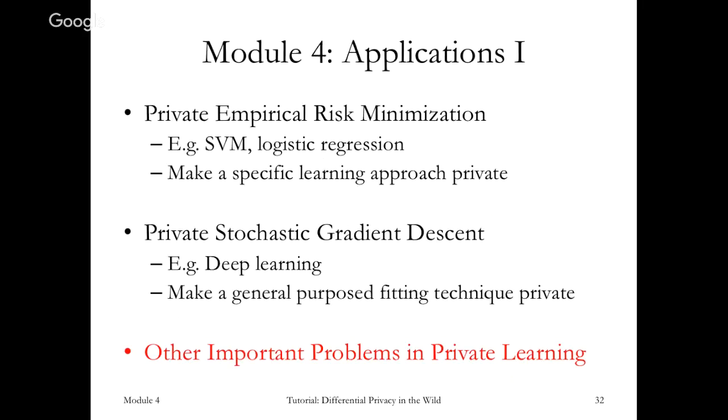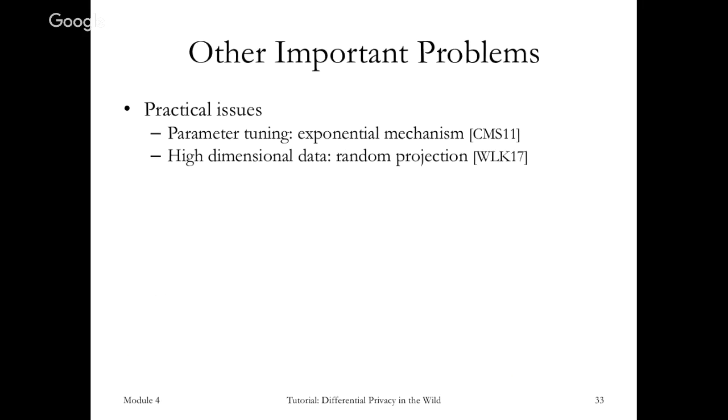Okay. So we have covered two groups of machine learning algorithms. And last, other important problems in private learning. One issue is that many tabular data problems are machine learning problems where we need to tune the parameters or select the right models, and exponential mechanisms apply here. Another problem is how to deal with high dimensional data.